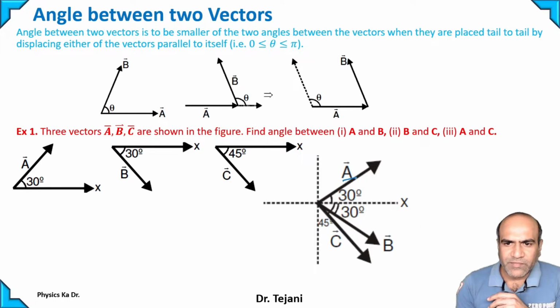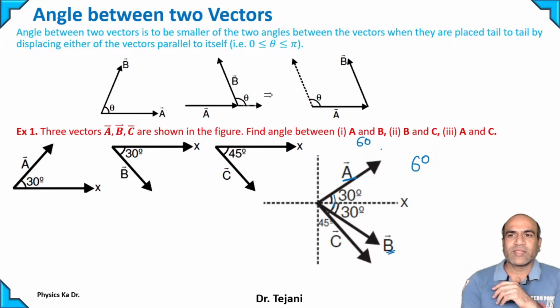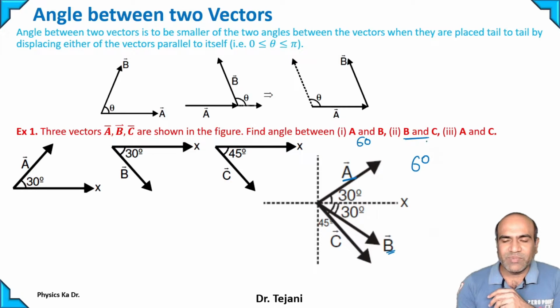So we can say the angle between A and B is 30 plus 30, that becomes 60 degrees. So the first answer is 60 degrees. Then B and C, that becomes 15 degrees. The smaller angle we need to consider, right? By default we take the smaller angle, but here there is a rule.